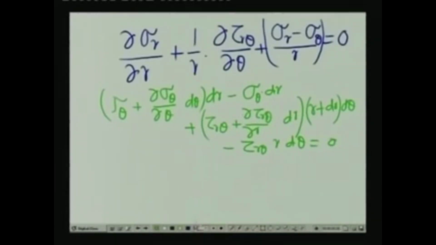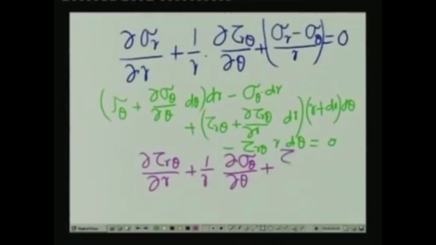This gives us, finally, after simplification, del tau r theta del r plus 1 by r del sigma theta del theta plus tau r theta by r, equal to 0.